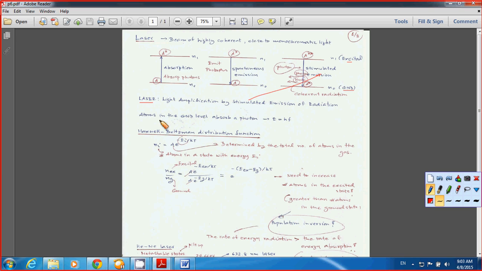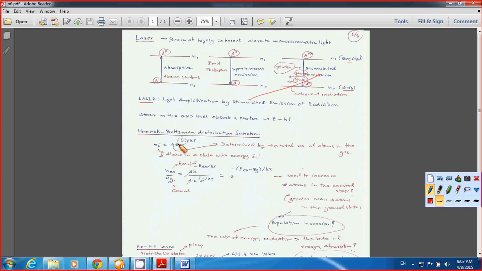An atom in the ground level absorbs a photon with the energy E equal to hf. Now take a look at the Maxwell-Boltzmann distribution function. Ni equal to A exponential negative Ei over kT, where Ei is the initial energy state, or the starting energy level.